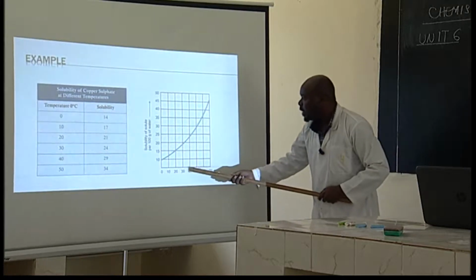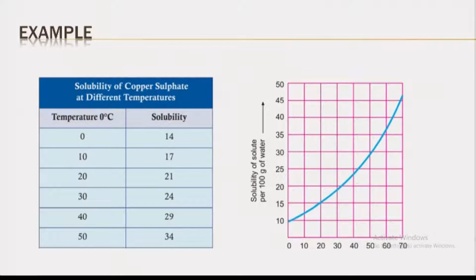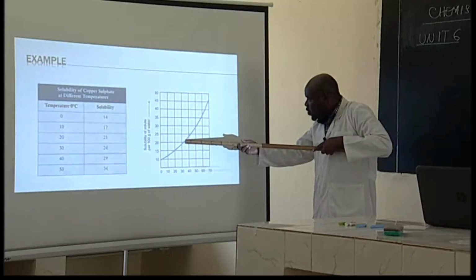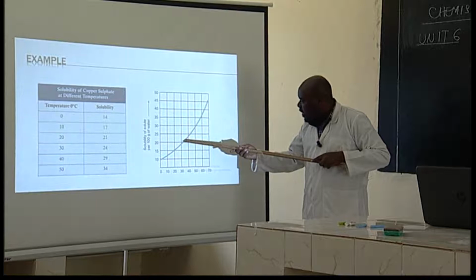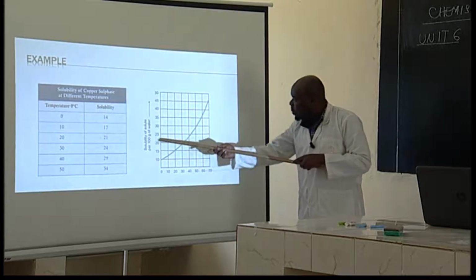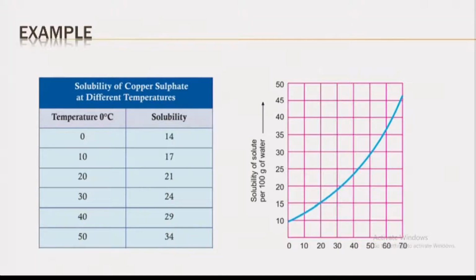If you take something like a temperature of 35, which is between these two, 35 is here, then you can find the solubility, which will extend. You will use a line extending from this point up to here. So that is how we construct a solubility curve.